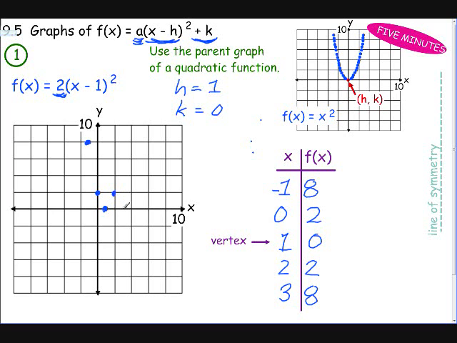If I have x equals 3, I go up 8. So we can see the symmetry here. And I could draw this right now. Boy, that is terrible looking, isn't it?